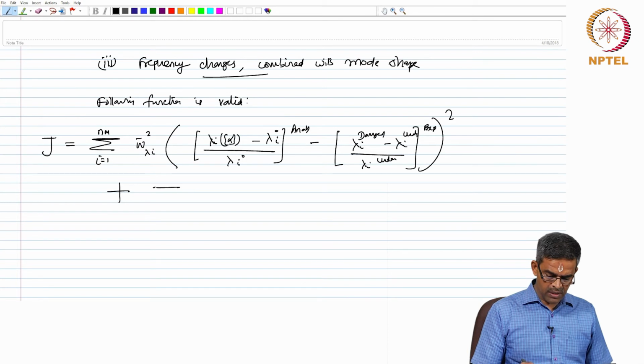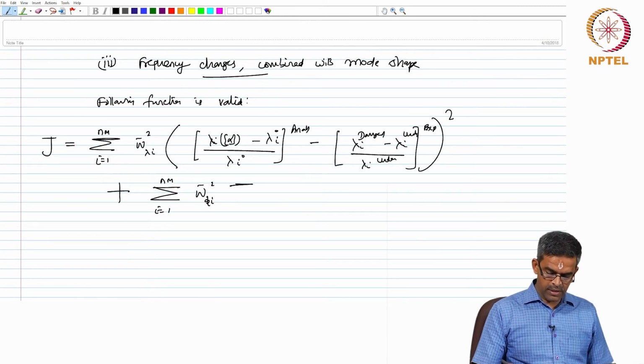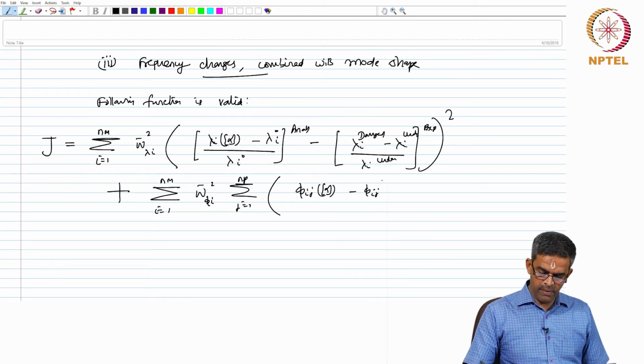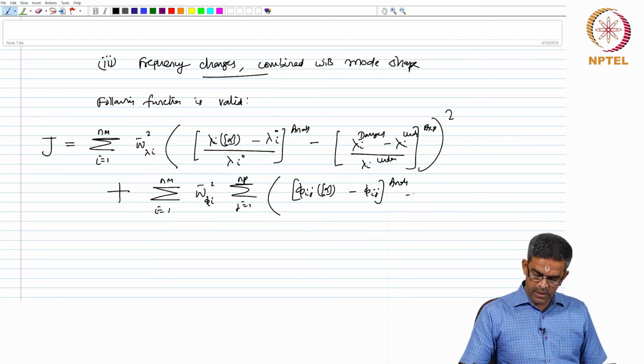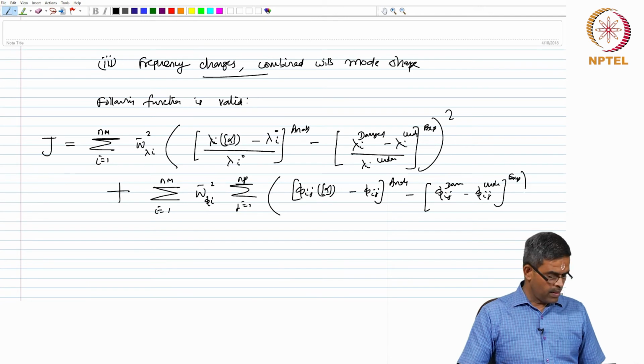Now, the second part of the equation will give you the change in the mode shape: i equals 1 to Nm, W bar phi i square, summation j equals 1 to Np, phi ij alpha minus phi ij, which is analytical, minus phi ij damaged minus phi ij undamaged, experimental, the whole square.